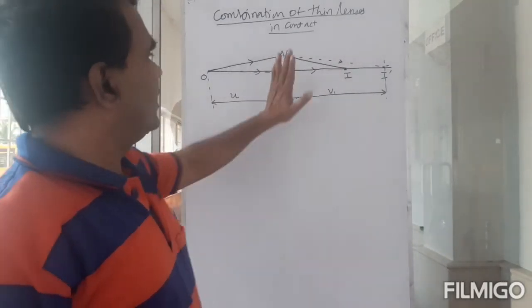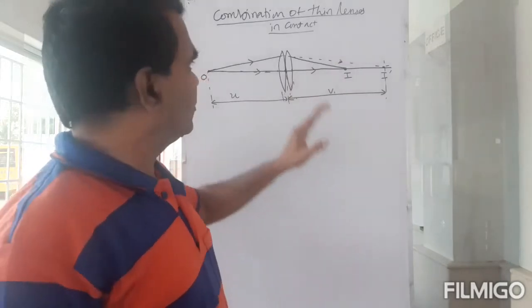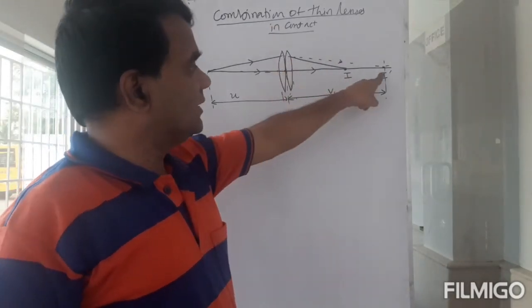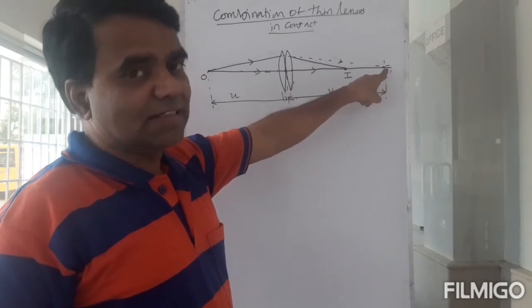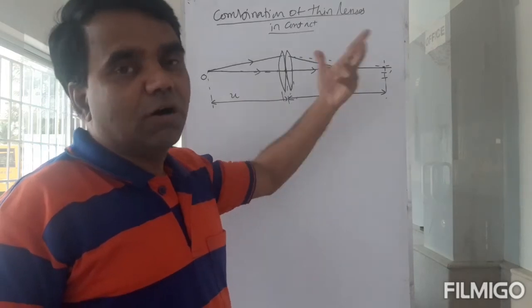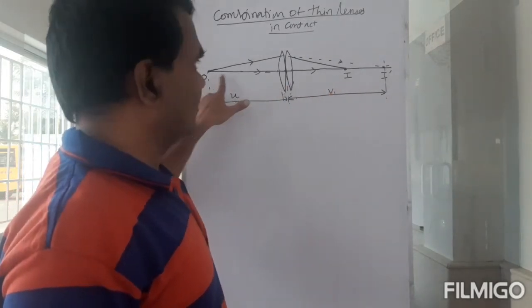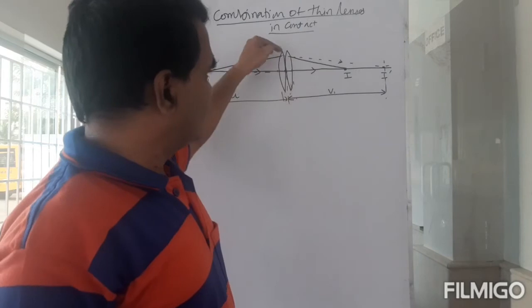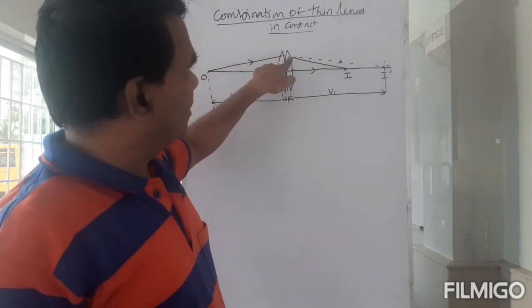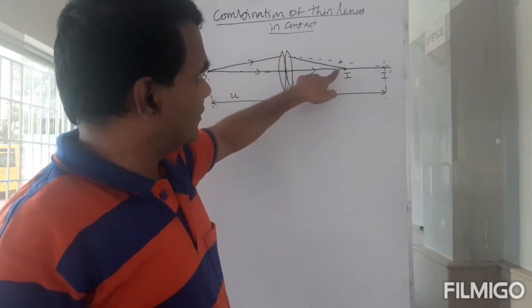So, as we discussed before, I can say that for the second lens, this image has acted as the virtual object. The real object is here. But for the second lens, the ray which is coming from this lens is getting converged here.